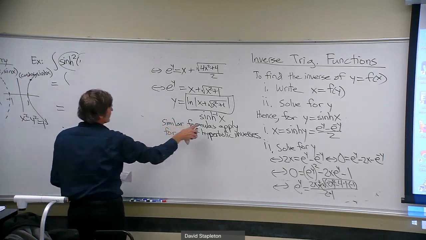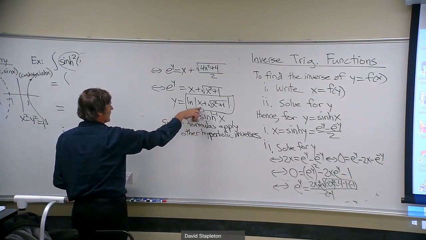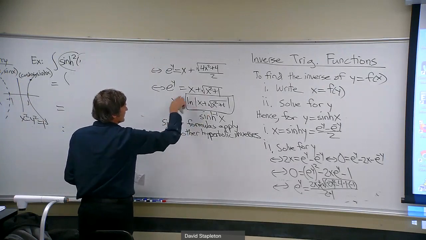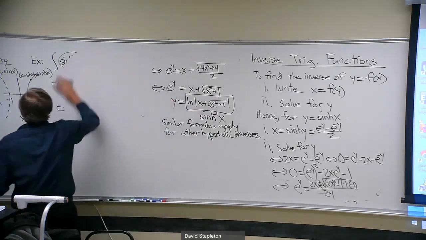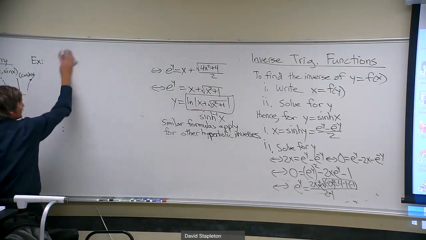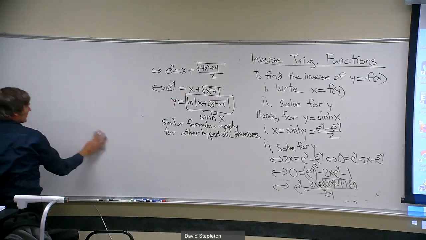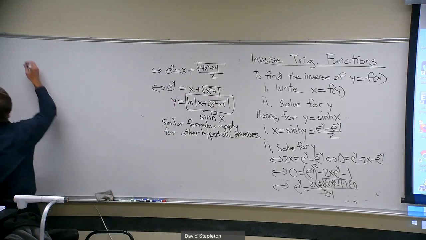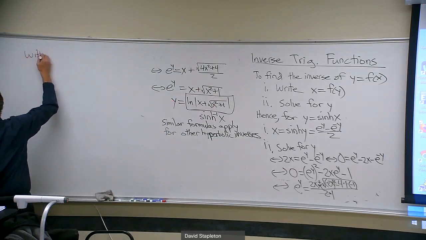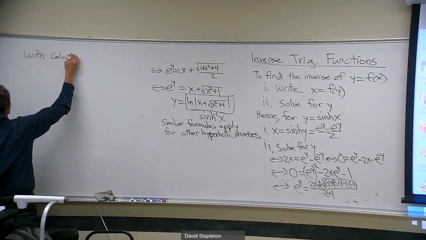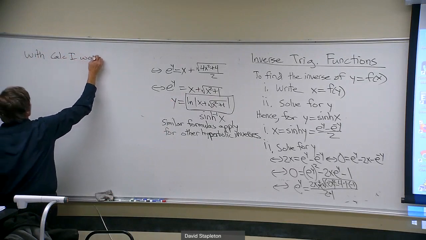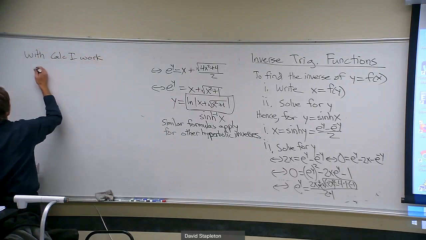Once you know that the inverse hyperbolic sine, for instance, is this function, you can take the derivative of this function with your calculus 1 techniques, and it's pretty messy, right? Because it's got two chain rules actually, and a bunch of work along the way. But with calculus 1 work, you can calculate the derivatives of the inverse hyperbolic functions.